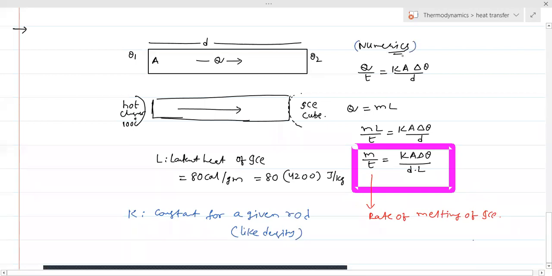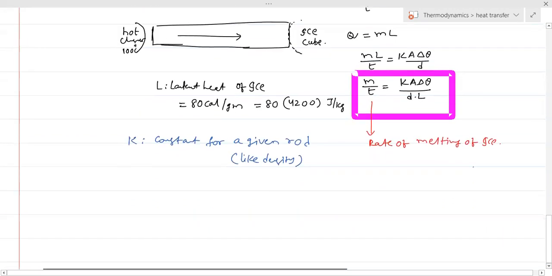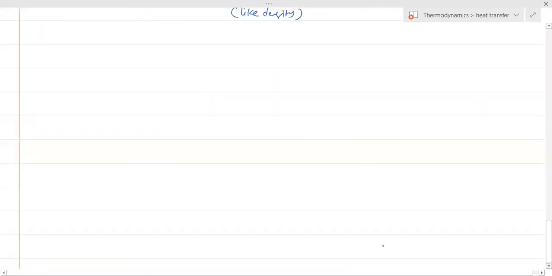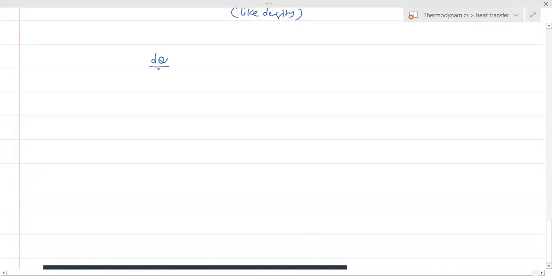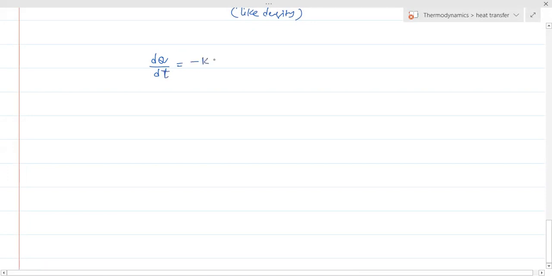You need to be very careful. Whenever we have integration related models, we use dQ by dt instead of Q by T. So dQ by dt equals minus K into dT by dx.